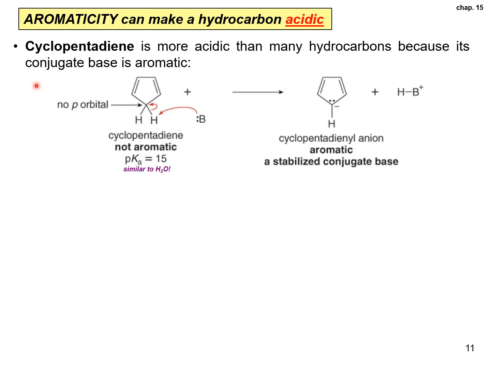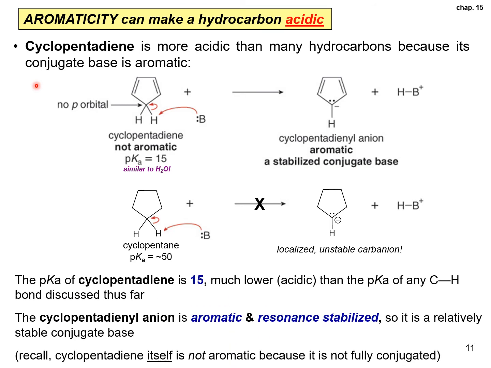I mentioned a few moments ago that if a compound could become aromatic, it would, because of the extra stability of aromatic systems. That would be a driving force for chemical transformation. And that's exemplified here with cyclopentadiene.